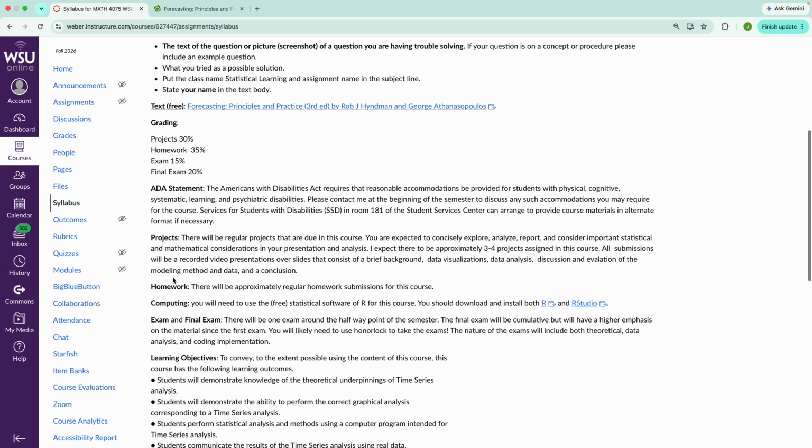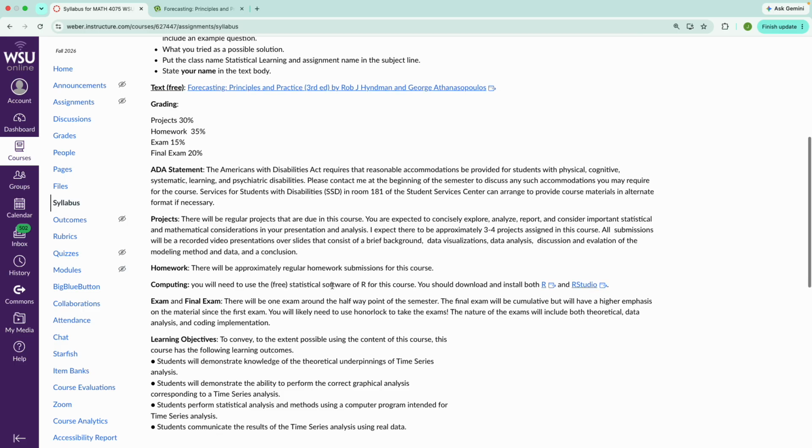I expect there'll be about 3 to 4 projects in this course, and you're welcome to work in a group, and you'll be asked to do a video presentation. Your video presentation needs to explain your analysis, and as such, you should include a background, data visualizations, data analysis, and discussion and evaluation of your modeling technique.